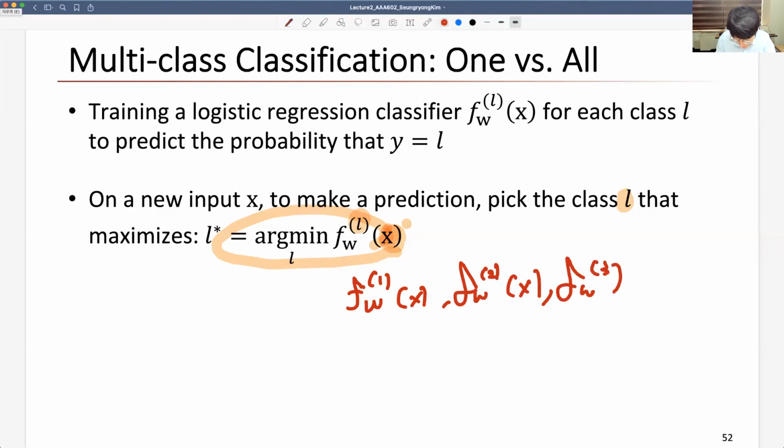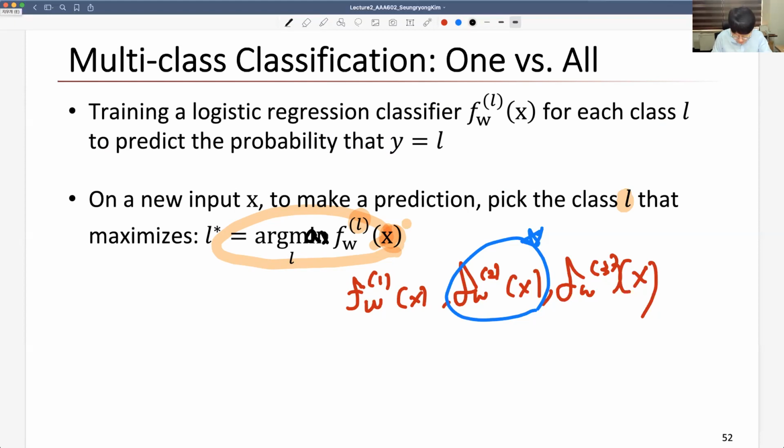Then we can just pick this value if it is the maximum, because we are considering the probability case, so it should be the maximum anyway.